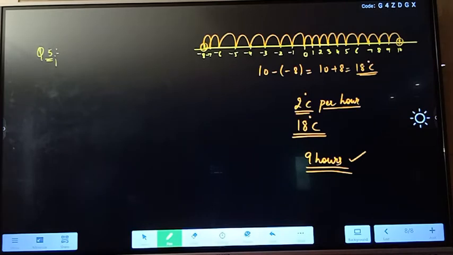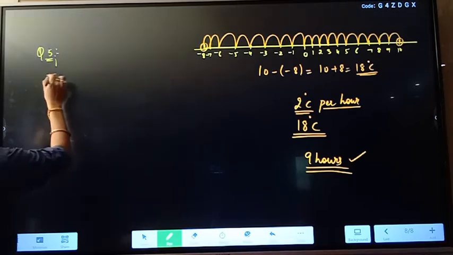Let's do the solution. First of all, you will be writing the difference between the temperature. That's very important. Then the rate of change of temperature. Then the time for the difference.